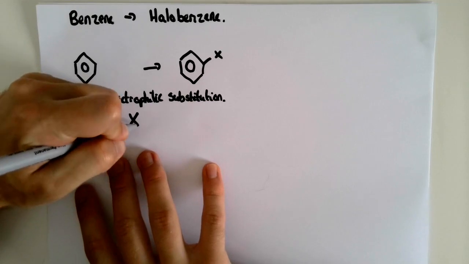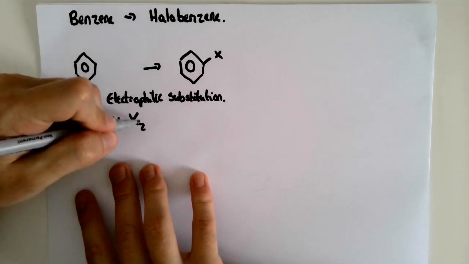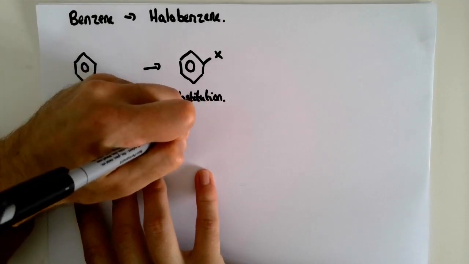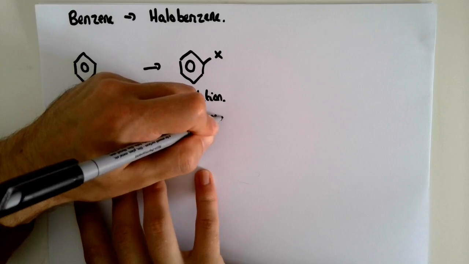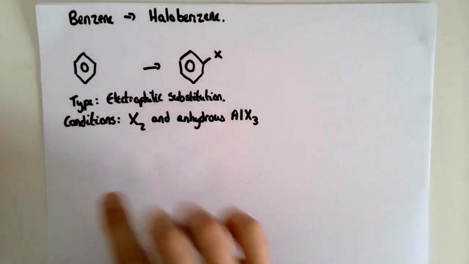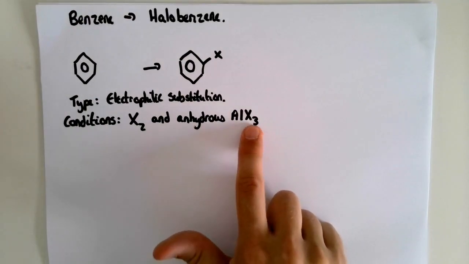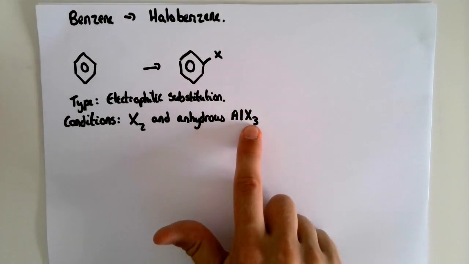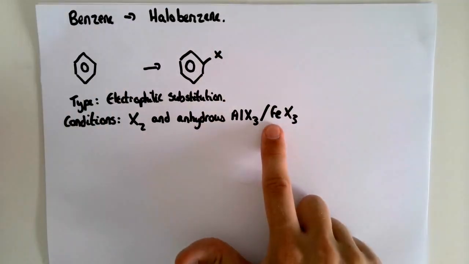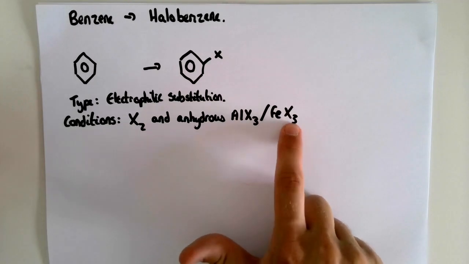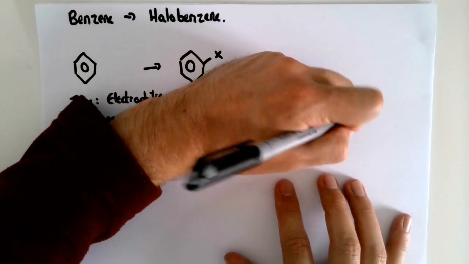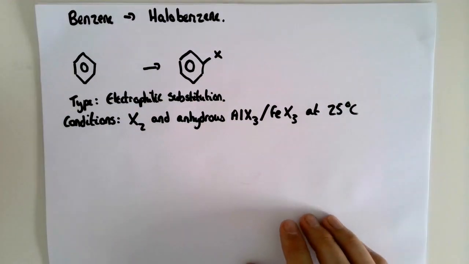So we need a halogen, so it might be Cl2, it might be Br2, and then we need anhydrous, so that means in the absence of water, we don't want any water present, either an aluminium halide catalyst, so it could be AlCl3, or an iron halide catalyst, so FeCl3 for example, and this one is done at 25 degrees Celsius.